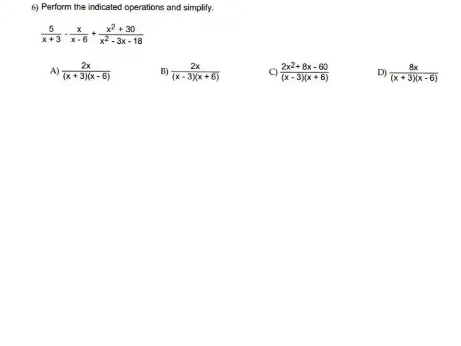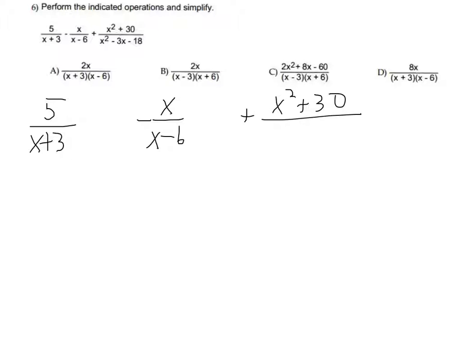In order to see what the common denominator might be, you will likely have to take a denominator and factor it. So let's take a look at what we have. We have 5 over x plus 3, minus x over x minus 6, plus x squared plus 30. And then the denominator, we're going to factor this into.